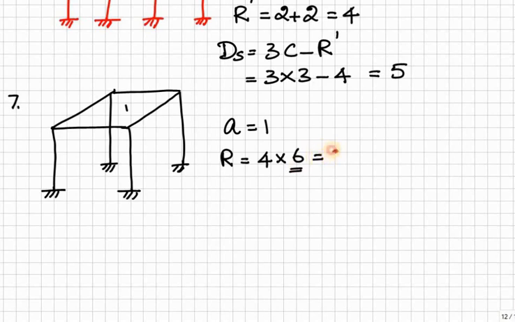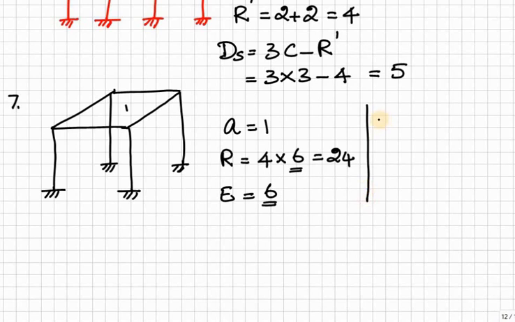How 6? Because in x direction, y direction, z direction, we will have force reactions. Similarly, we have mx, my, mz moment reactions. So totally 4 into 6, 24. Again, equilibrium equations, 6 equilibrium equations we have for 3D structure.